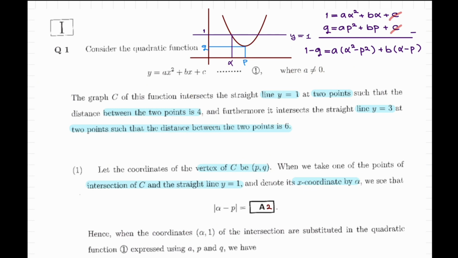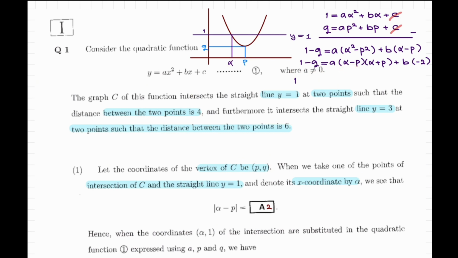So 1 minus q is equal to a times (alpha minus p) times (alpha plus p) plus b times negative 2. Of course, this alpha minus p can also be substituted by negative 2.